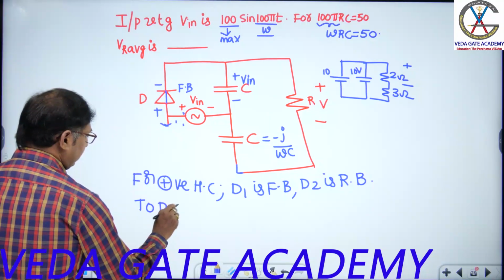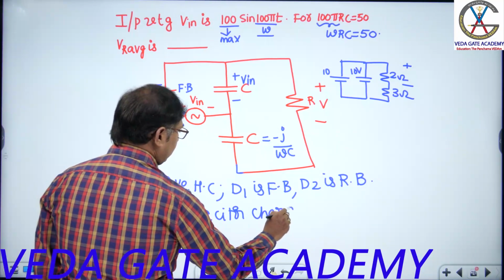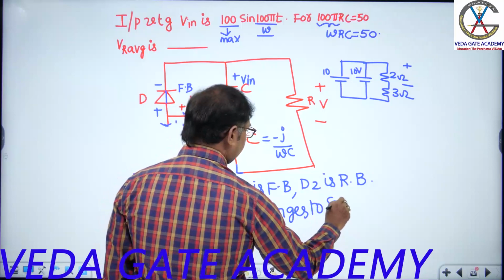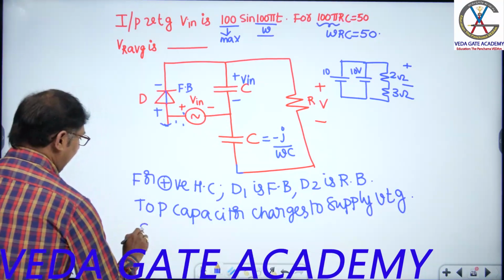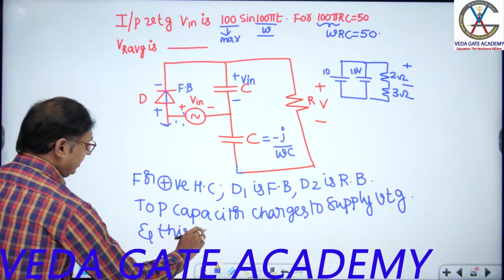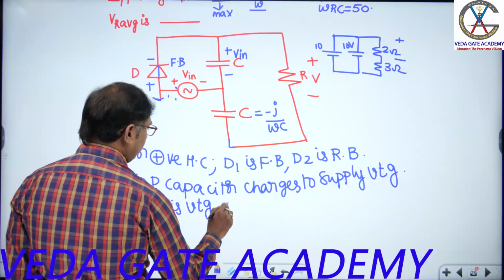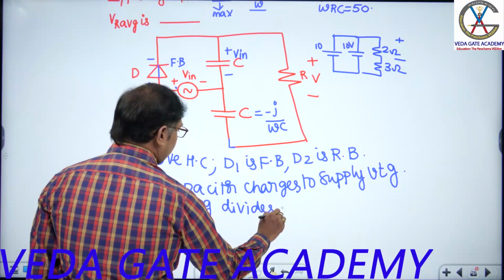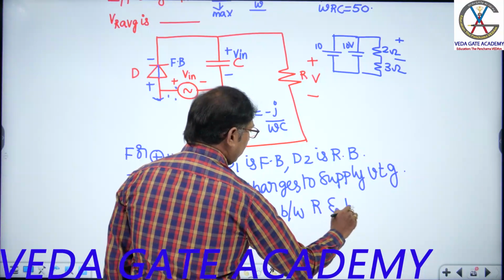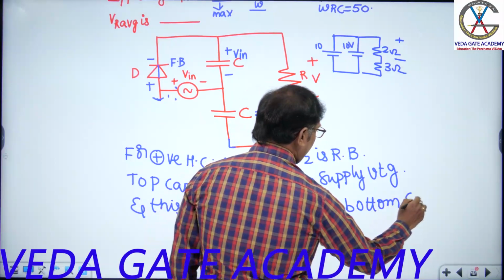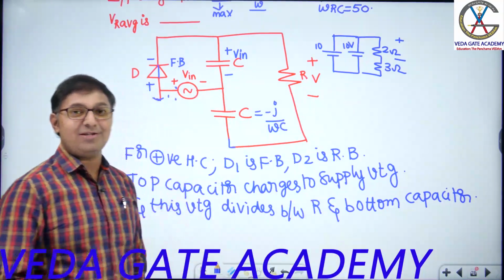The top capacitor charges to the supply voltage, and this voltage divides between R and the bottom capacitor. Hope you accept this statement.